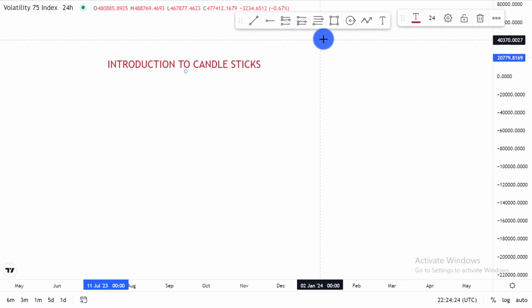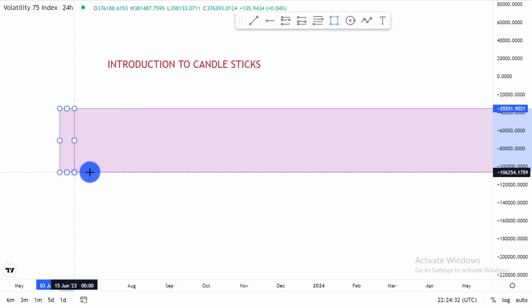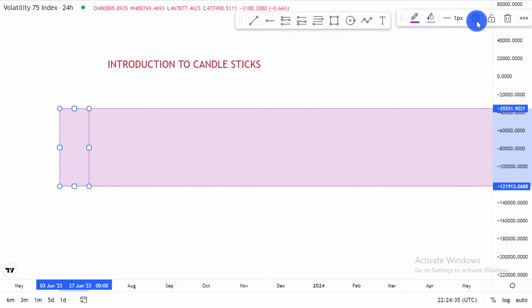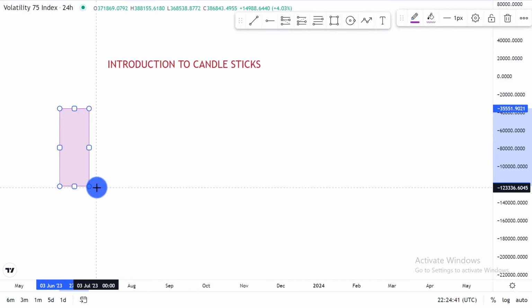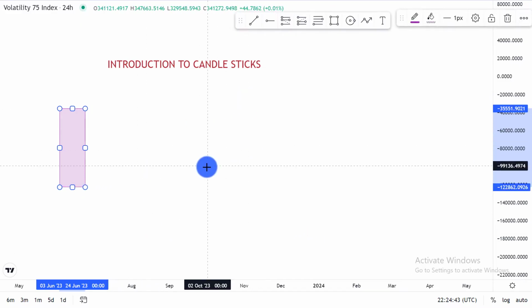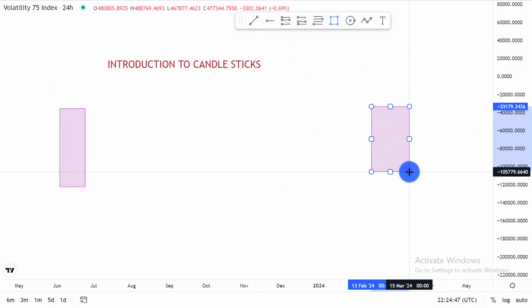There are basically two types of candles in the market. We have either a bullish candle or a bearish candle. I'm going to differentiate between the bullish and the bearish candle with their colors.